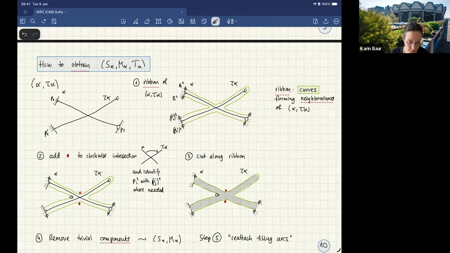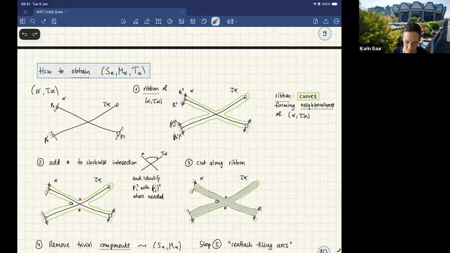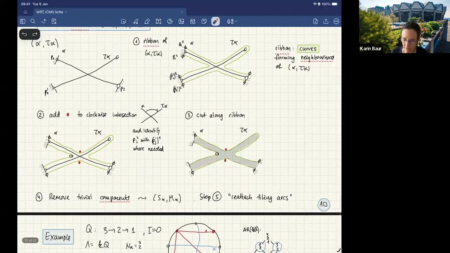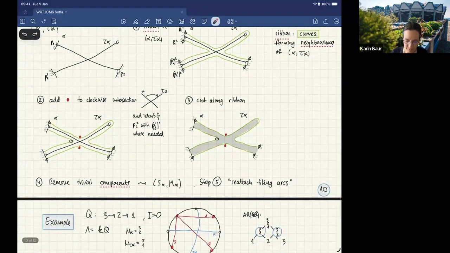We have to add some red points to make everything work, but it's specifically explained from the directions between alpha or from the HOMs. So we add red points, we cut everything out, and that gives you a new surface. And in the last step, you have to fix what happened with the tiling.